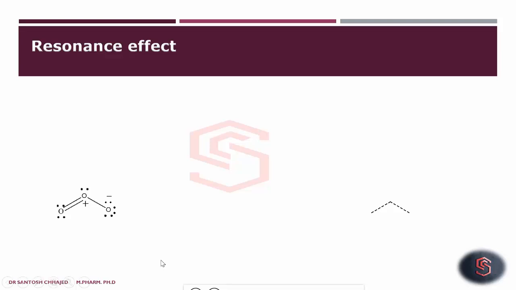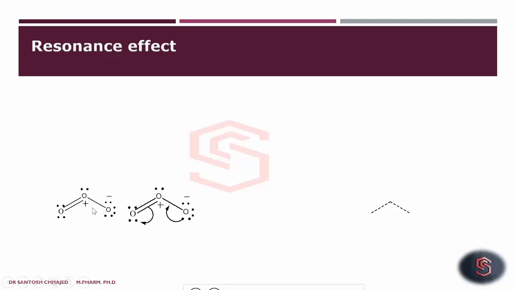Now, what is this phenomenon? Intentionally I have taken this structure for the discussion, because if I take benzene again, it fixes in the minds of students that the resonance effect is there only in the aromatic ring and not in other compounds. So it is a simple molecule, ozone. We can draw more than one possible structure for ozone.